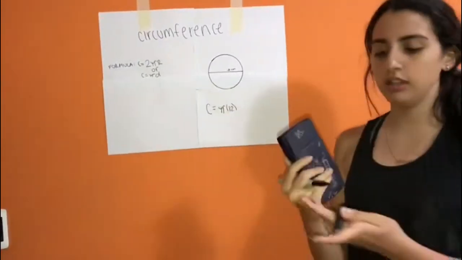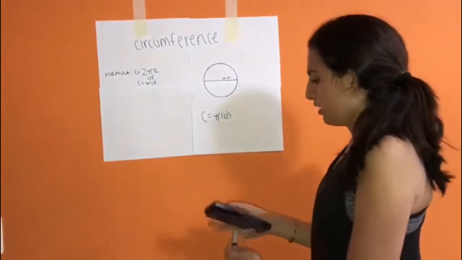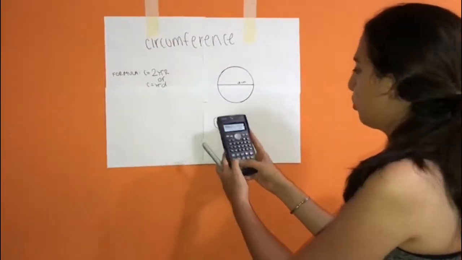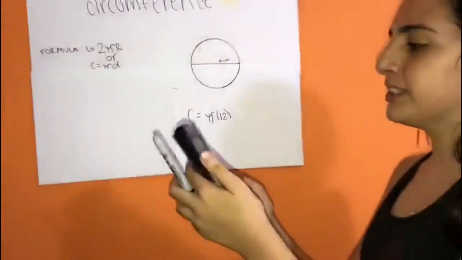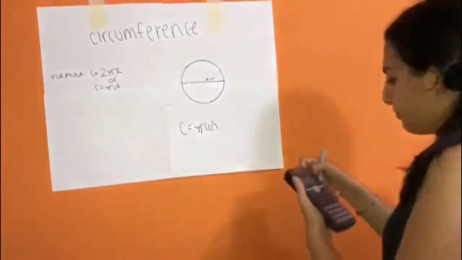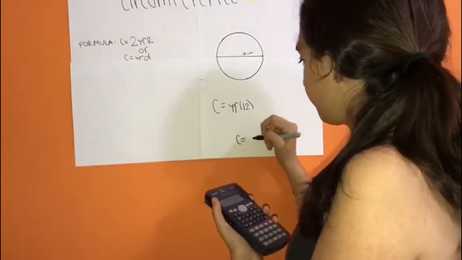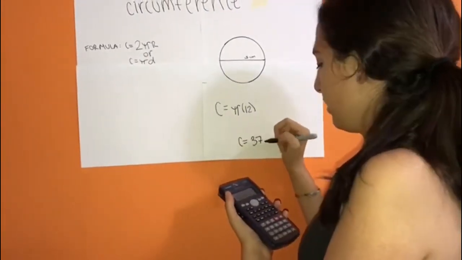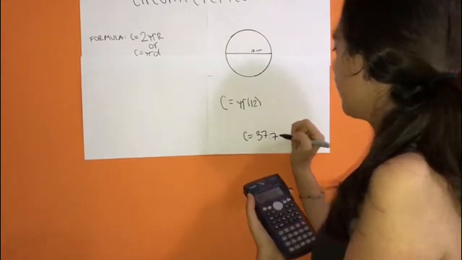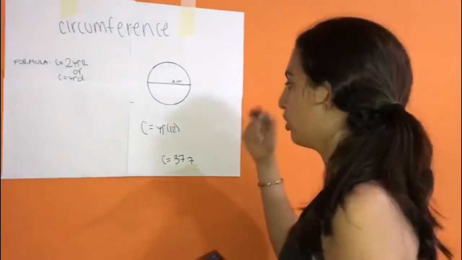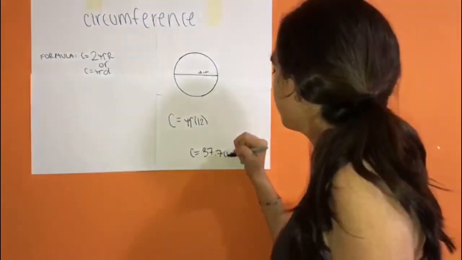You plug it in the calculator, pi times 12, and you get 37.69. But you have to round it, so it's 37.7, and you need to remember to always put the unit of measurement, centimeters.